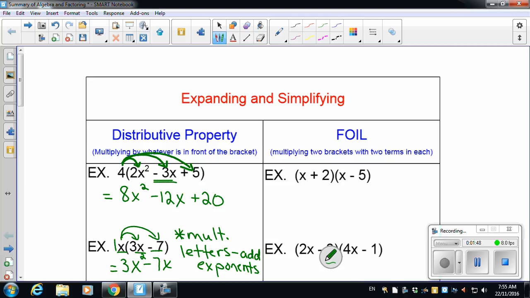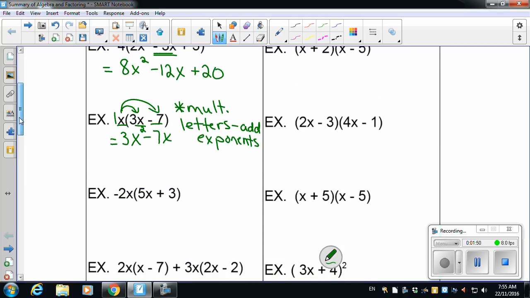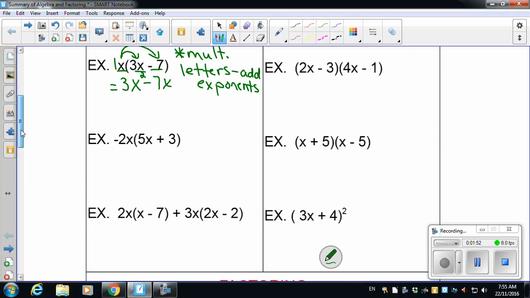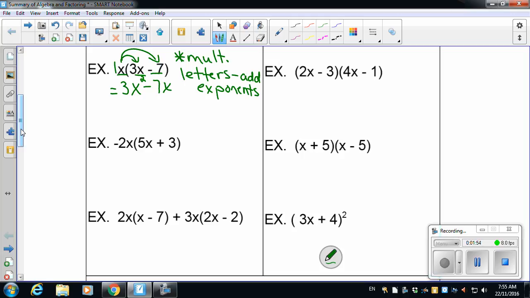So other things about the distributive property. We multiply by a number, we multiply by a letter. We can multiply by both a number and a letter. Always remember to multiply everything in the bracket by what's in front of it. And watch your signs. So I have negative 2 times 5. It's going to give me negative 10.